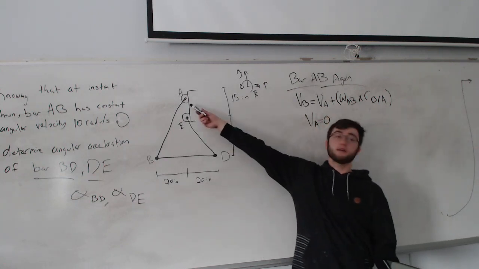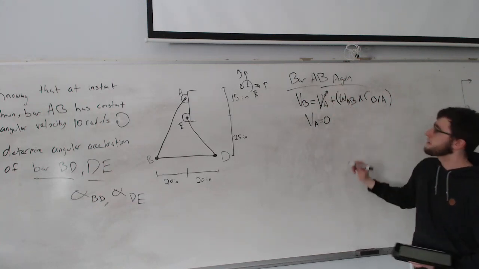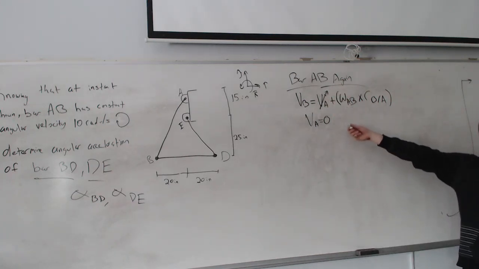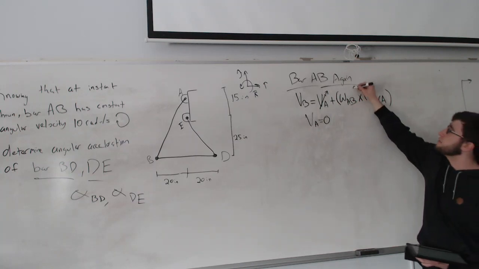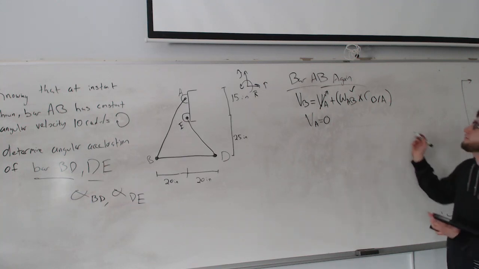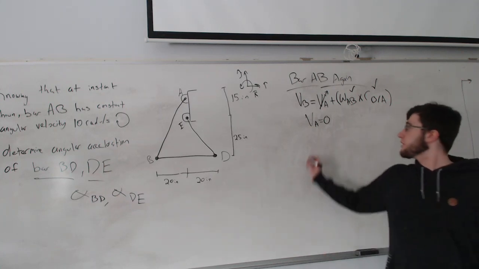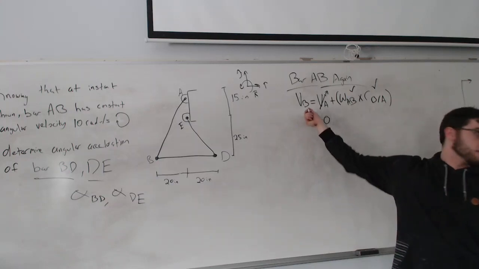A is the pin, it's not doing anything. So now we do know this term. We're given the angular velocity of AB, so I do have that. Position vector B with respect to A, I already solved for that before. But even if I didn't, it's super easy to get it. So, one equation, one unknown, I can solve for the velocity of B.